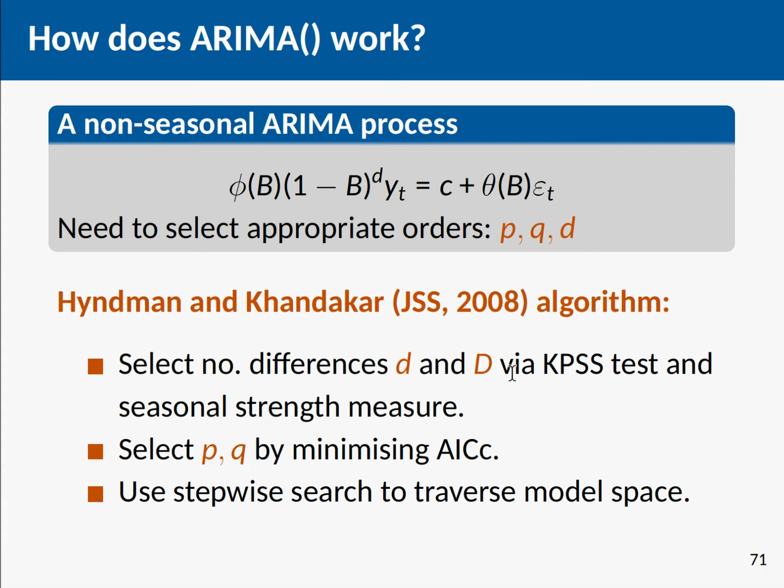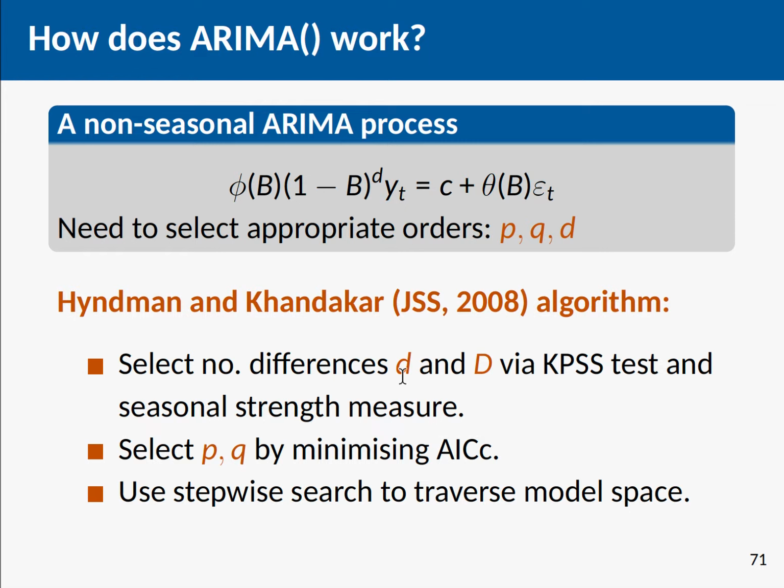And capital D represents the seasonal differences that are required to make the data stationary. The seasonal differences are the changes between one year to the next, okay? And so the KPSS tests give us some indication of what these two Ds can be.